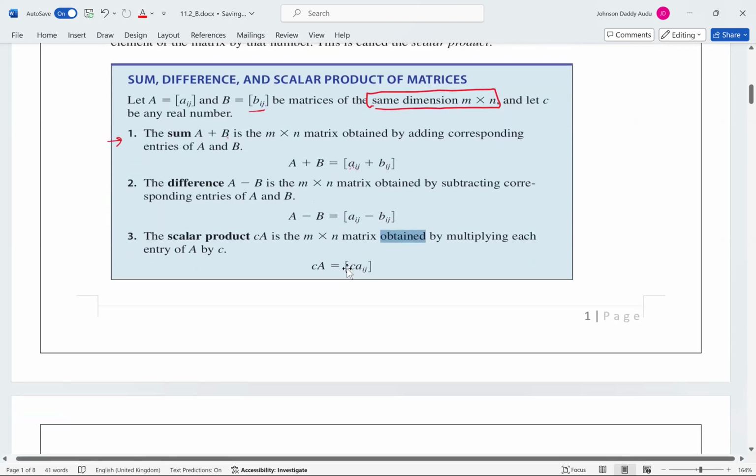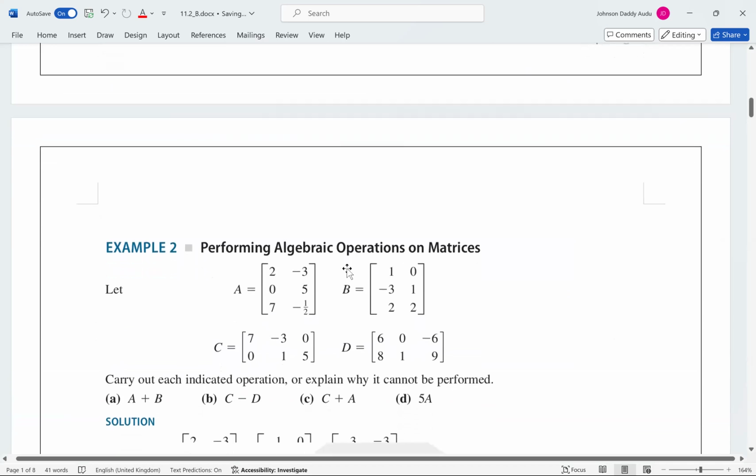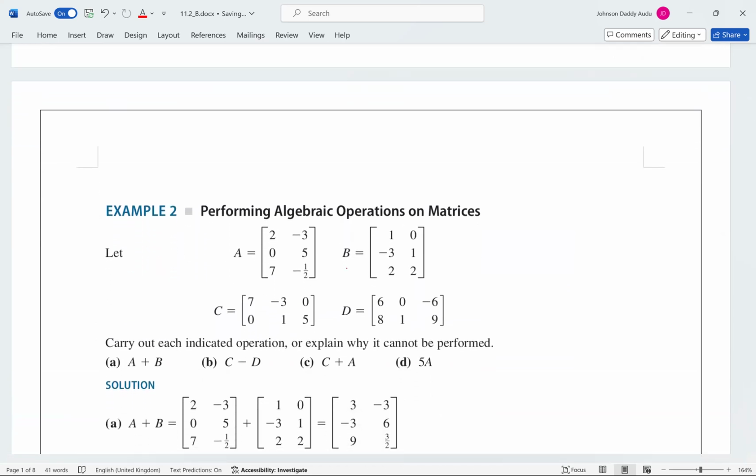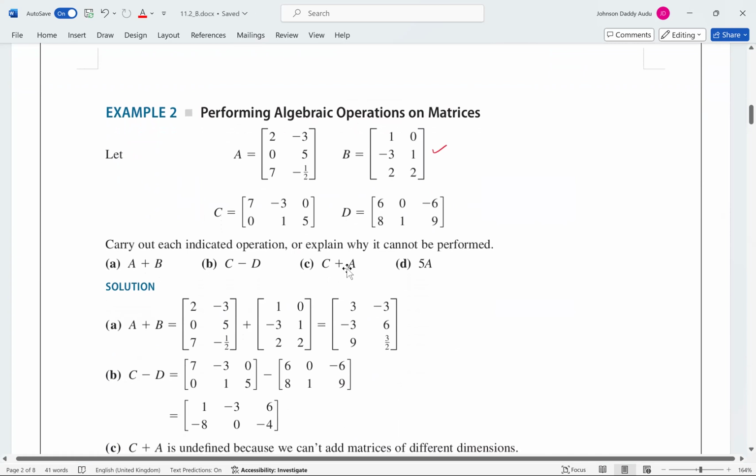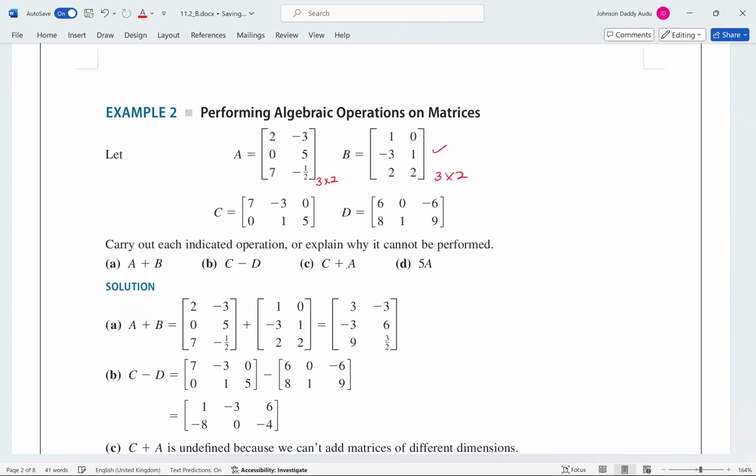Let's see an example now. This is matrix A, and this is matrix B. The first thing you look at is that the dimensions are the same. Matrix A is 3 by 2. This is also 3 by 2. So you can add. How do you add?